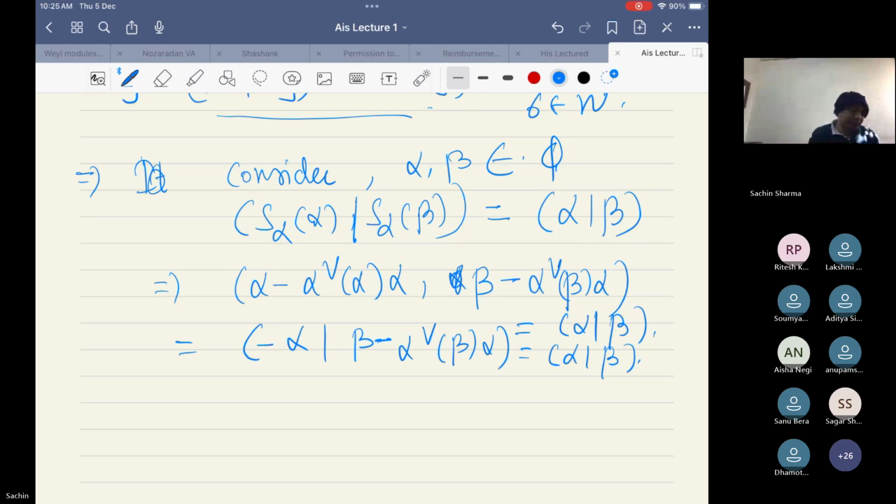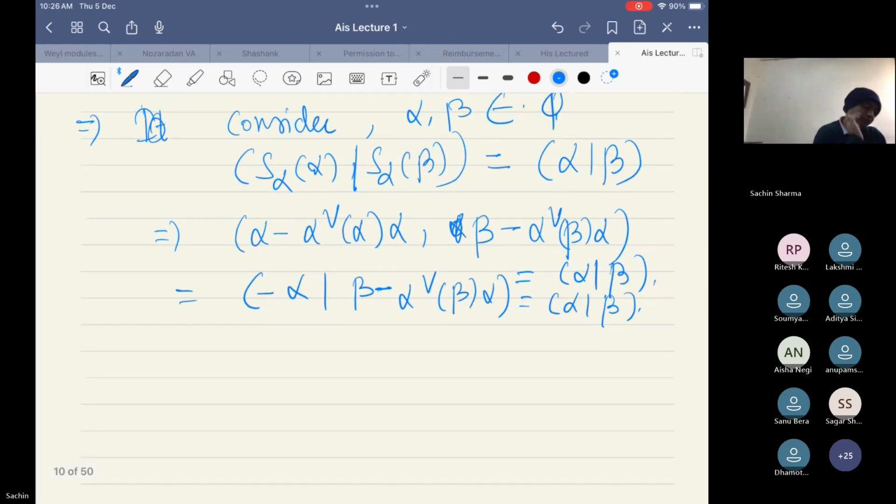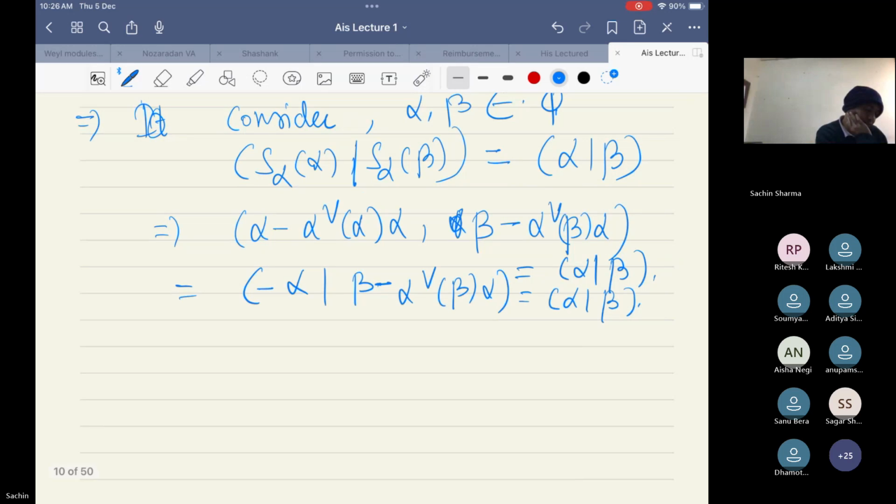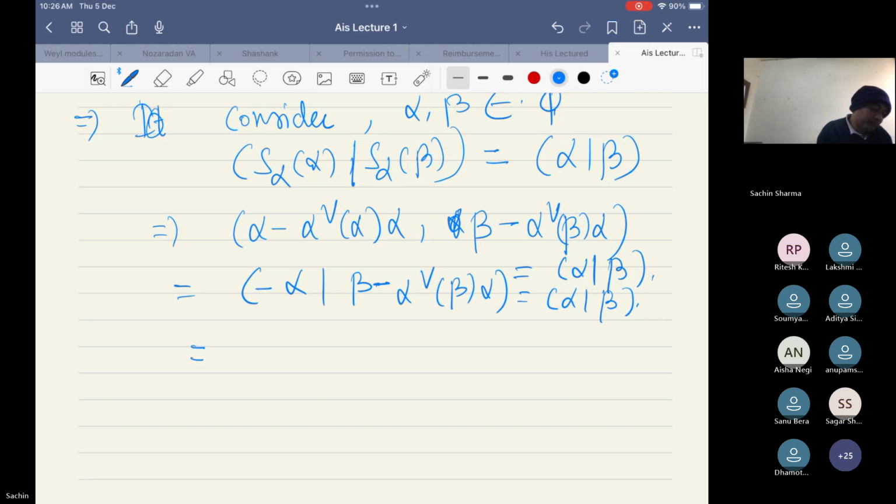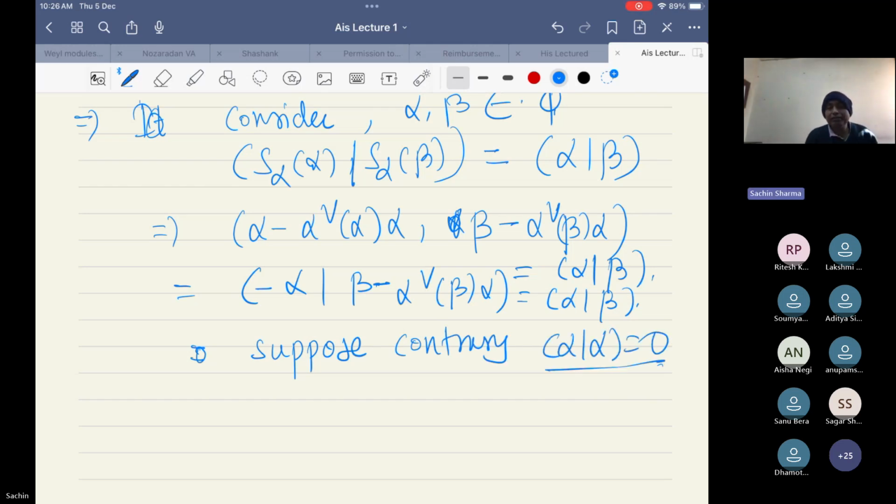Now, what is the next thing? We expand it out. So now suppose, to the contrary, that alpha alpha is equal to 0. Okay, we want to prove that it is non-zero. So what will happen?